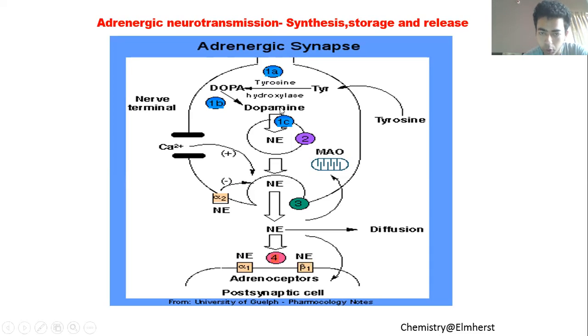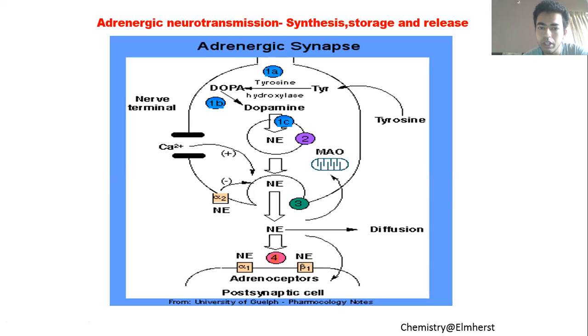So the dopamine which is formed here will enter the presynaptic vesicle. So this vesicle is just a storage compartment. So this vesicle consists of a transporter which we call also just like a gate. So this gate or this transporter is called as a VMAT, that is vesicular monoamine transporter.